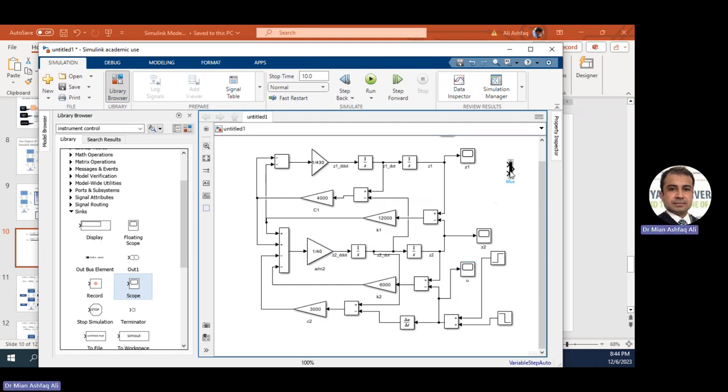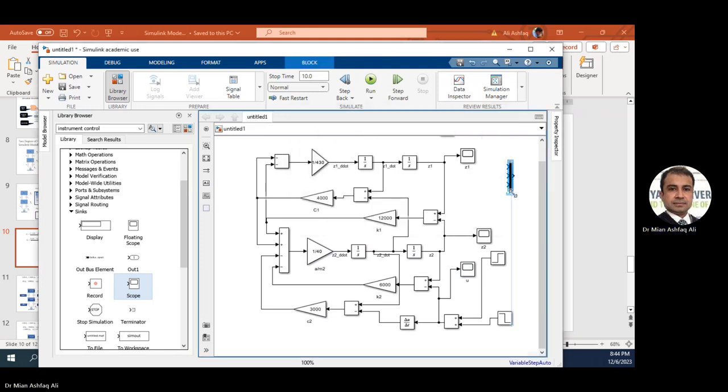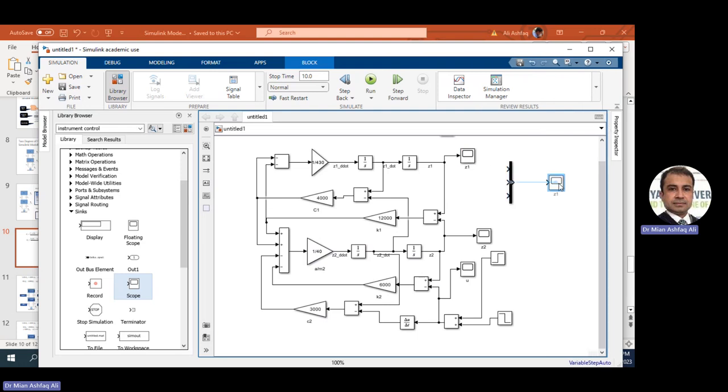And similarly, we can also show all those three signals on the same scope because we need to compare them sometimes. So I can see a comparison, and this comparison will actually get the road profile data, the data for M2, the data for M1.